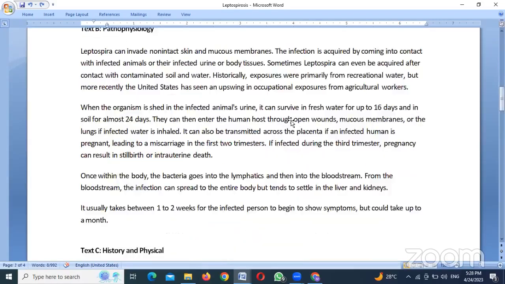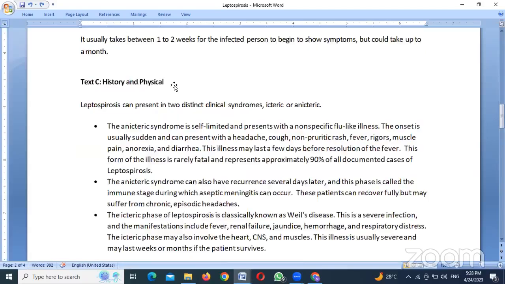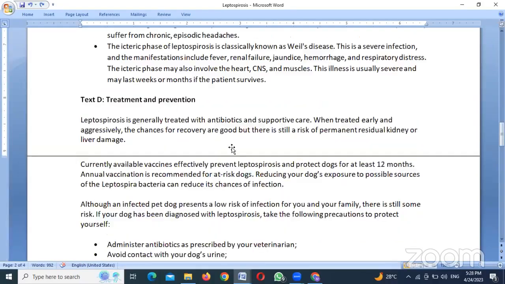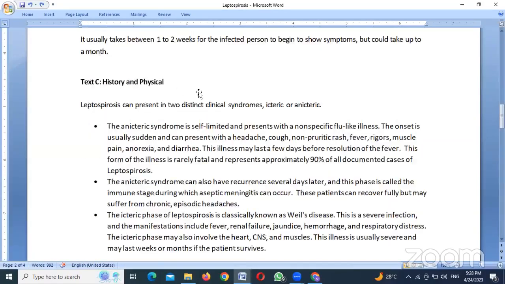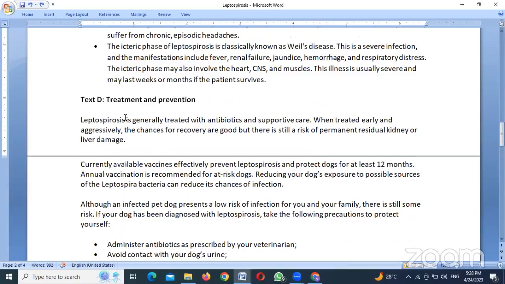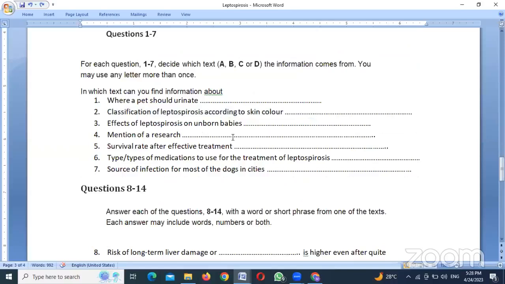Sign and symptom section, pathophysiology, history and physical, treatment, prevention. So this question should be solved by all of you, not by me, please. Where is it possible? D, sir, D. Prevention. D, okay.